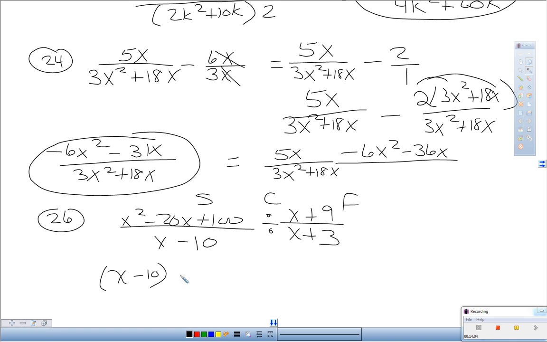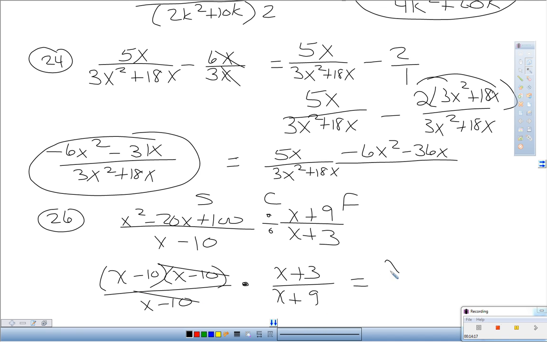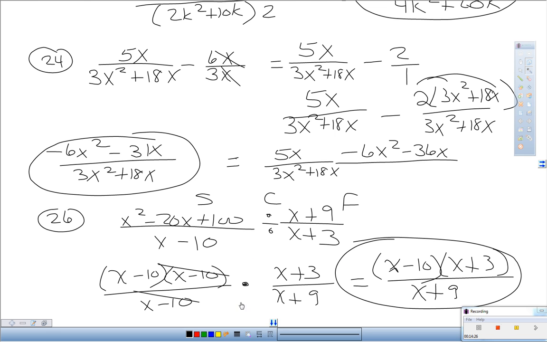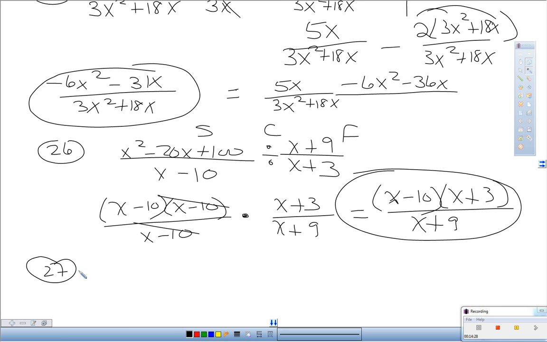It's a trinomial, and it's going to factor into (x − 10)(x − 10). I'm going to change that to multiplication and flip this one. If you notice, the x − 10 crosses out, and that'll leave me (x − 10)(x + 8) over (x + 9). And so that was the answer for 26.